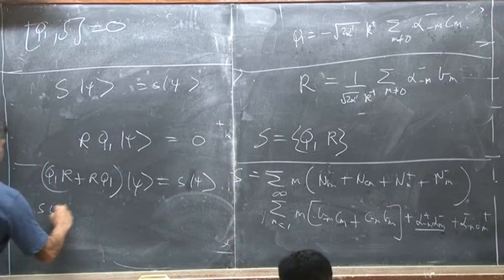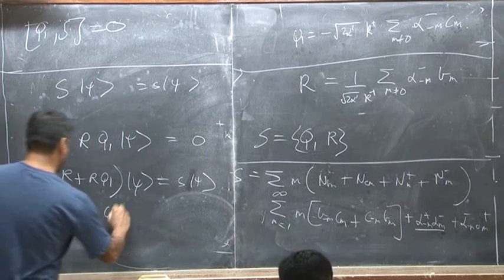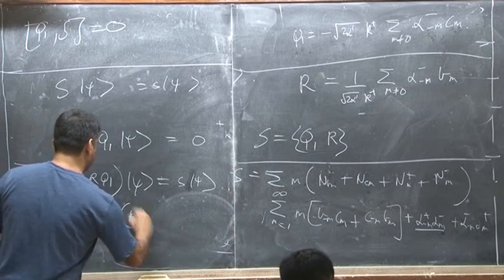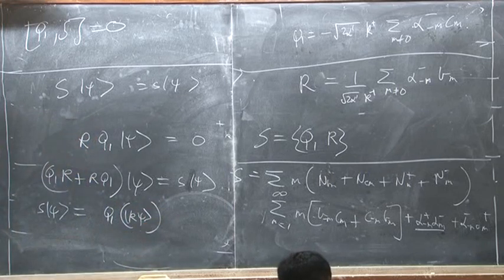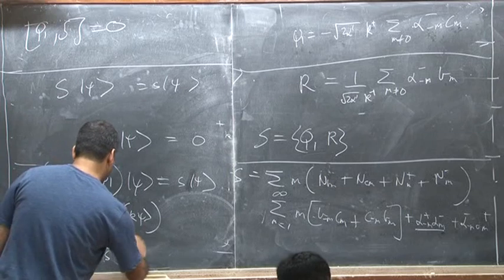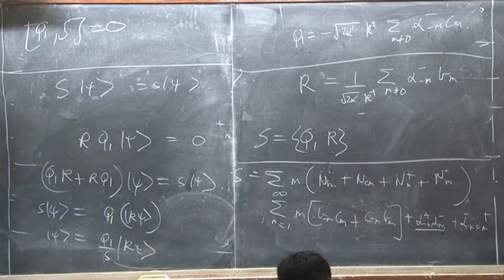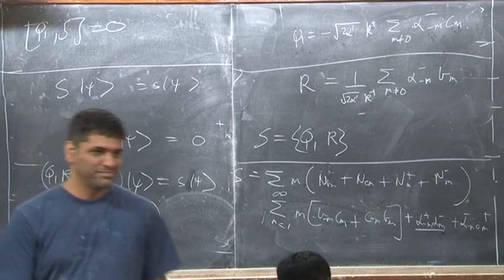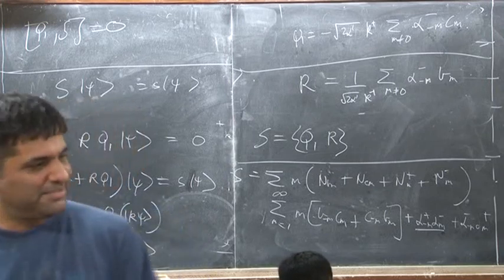Therefore s times psi was equal to Q1 of R psi, and therefore psi was equal to Q1 over s of R psi. And therefore psi was exact.